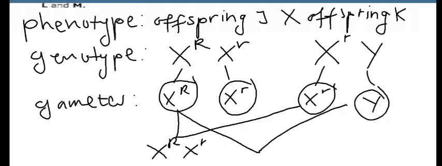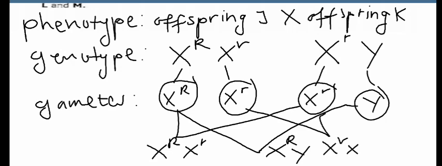And then this one with this one, here we need to have a male who is going to be normal. Then this one with this one, here we are going to have a female who is going to be affected by red-green color blindness. Then the last one is going to be a male, also affected by red-green color blindness.